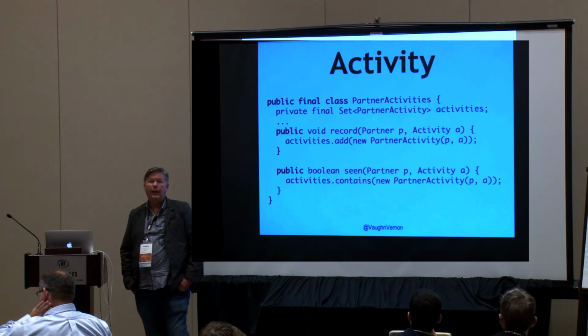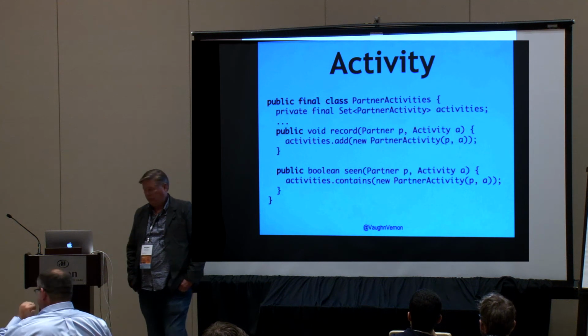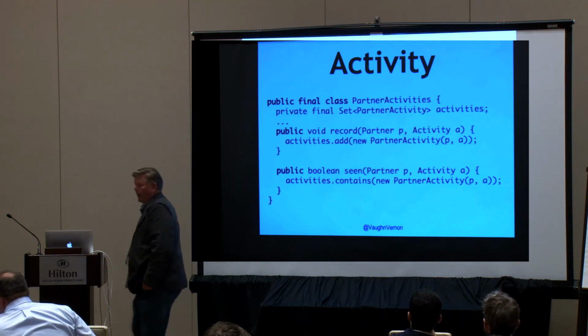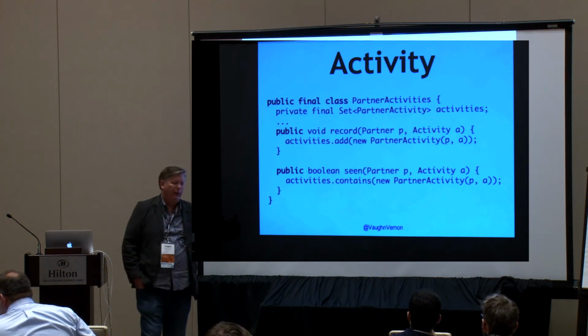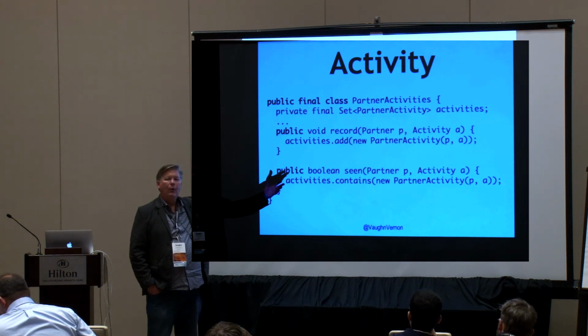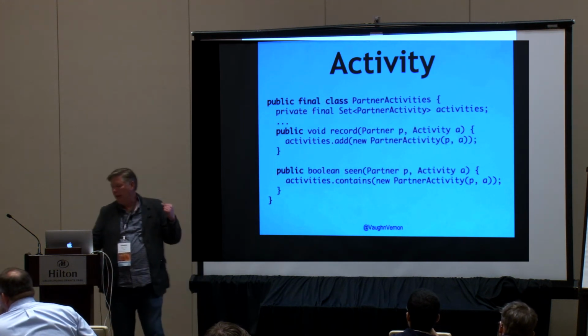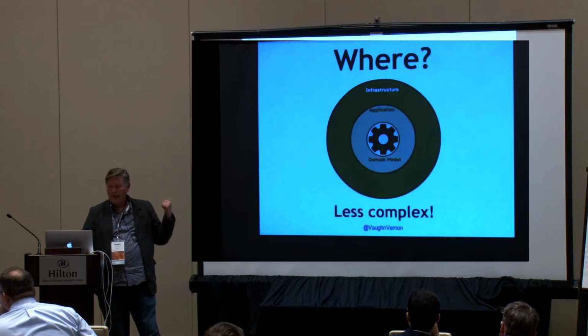And if I've seen it already, then I know I don't need to act on it in some way. Now, the problem with this is it's the same for everyone. But we haven't solved any real business problems. We're still doing sort of an artifice for the technology.